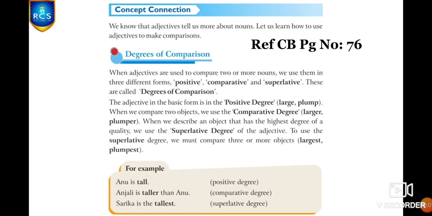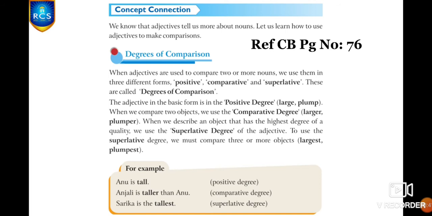And if we describe an object that has the highest degree of a quality, we use this degree. We must compare three or more objects. We have to add est to the smaller adjectives, and we have to add most to the longer adjectives. Clear, children? For example, large, largest, small, smallest, big, biggest, tall, tallest.